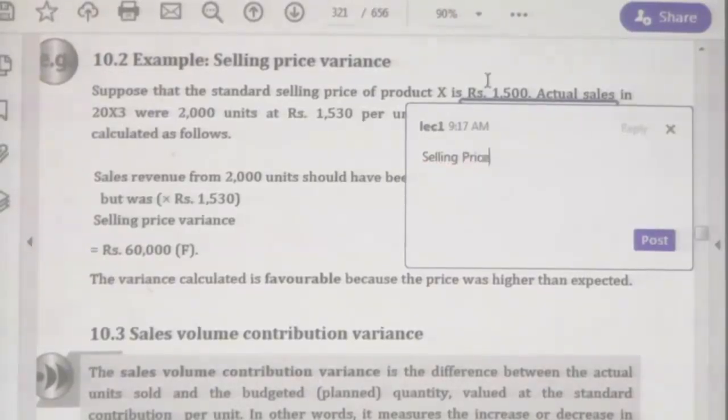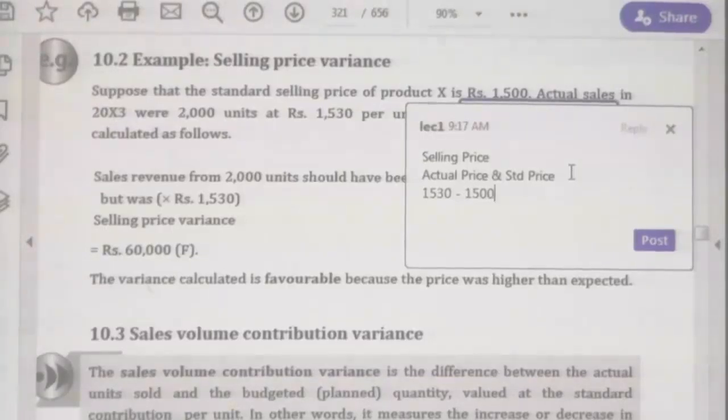To calculate selling price variance, you need to take actual price and standard price. Here they have mentioned the actual price was 1530, but the standard price was 1500.